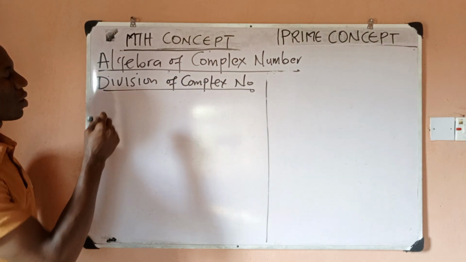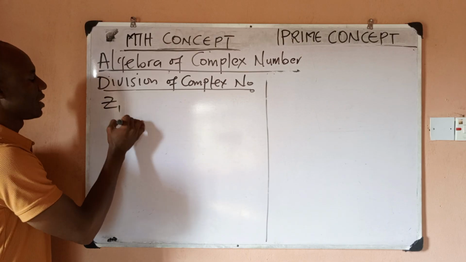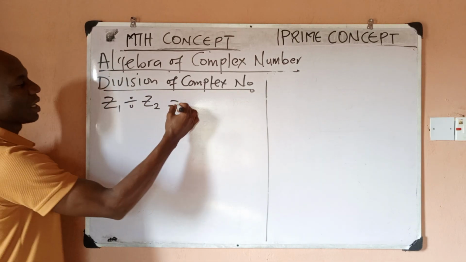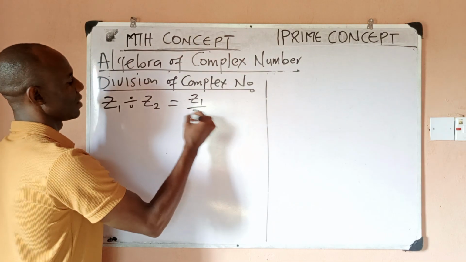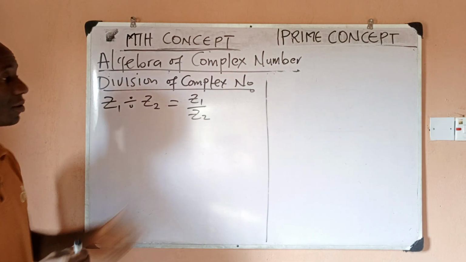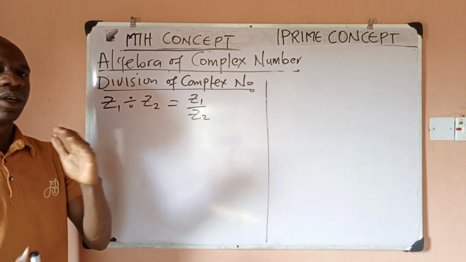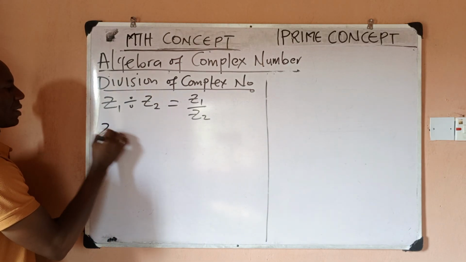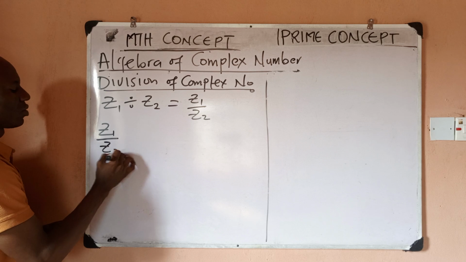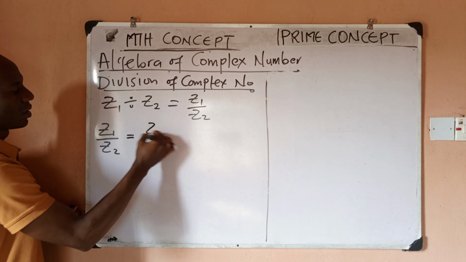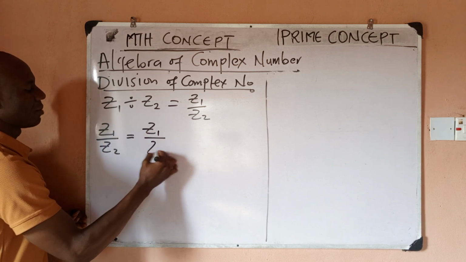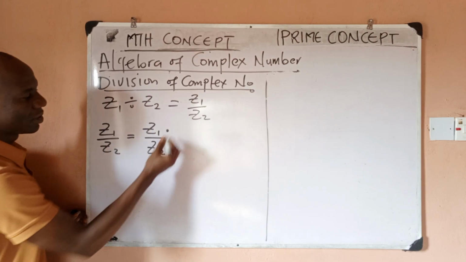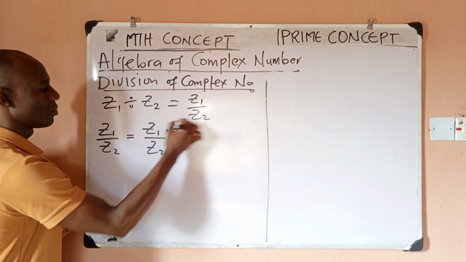Now say we have two complex numbers, z1 divided by z2, and this can be written as z1 over z2. An easy way to divide complex numbers is to multiply the numerator and denominator by the conjugate of the denominator.